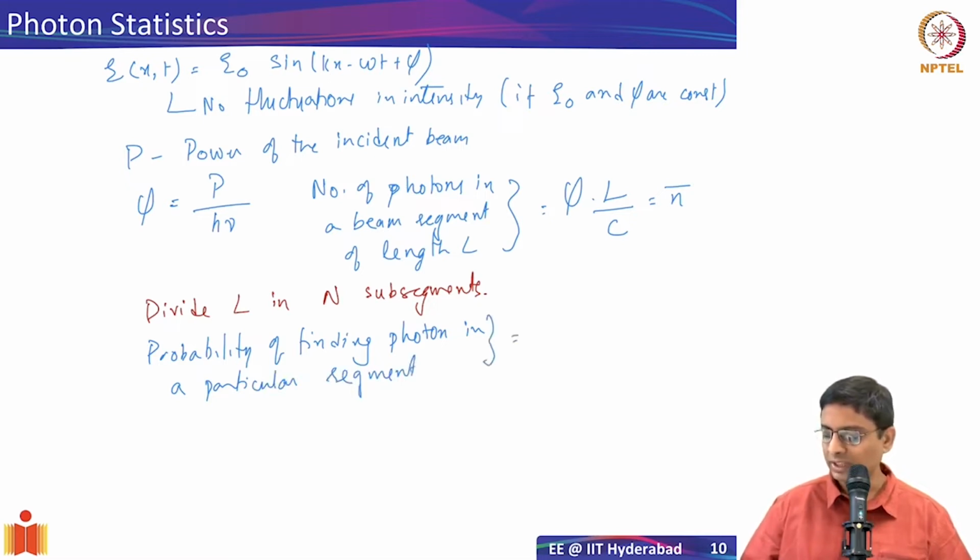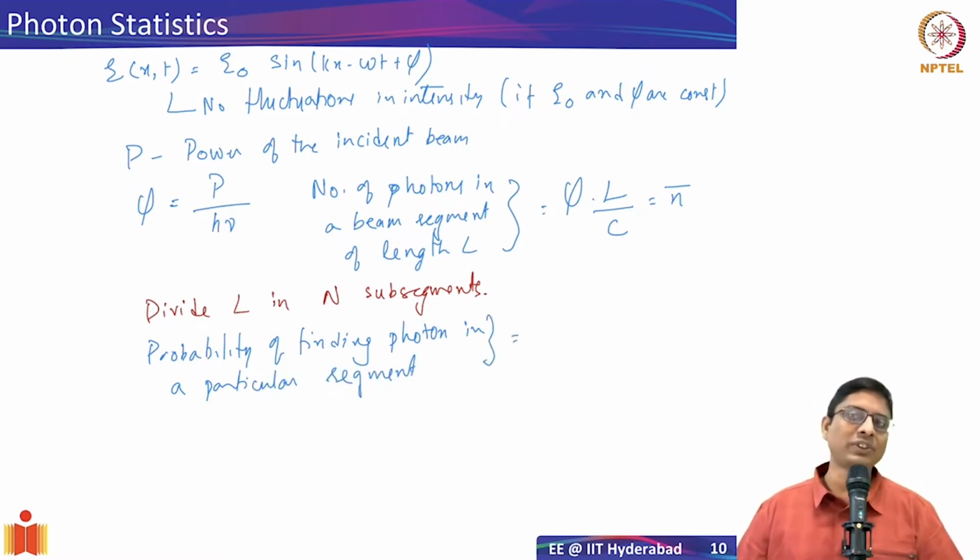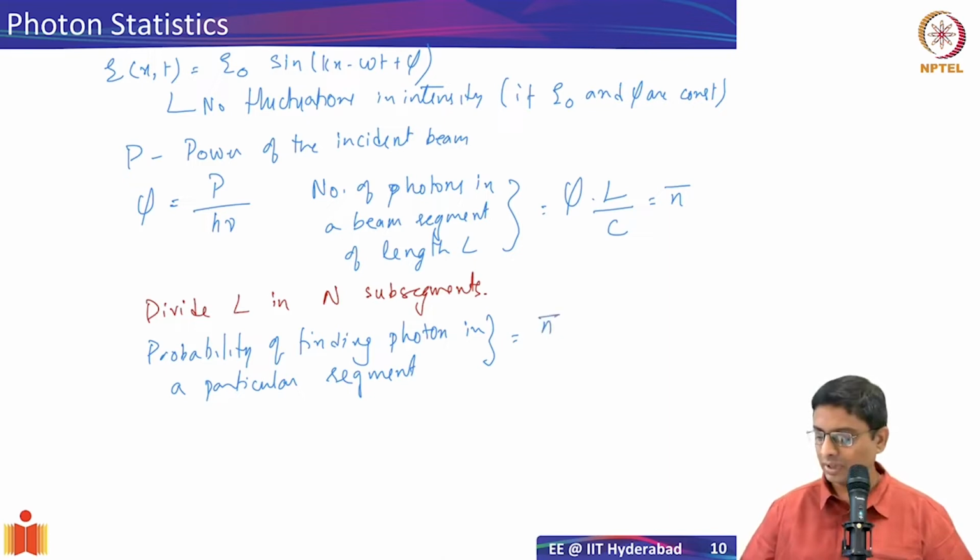This is going to be simply the average number of photons, n bar, divided by the total number of segments, which is n.